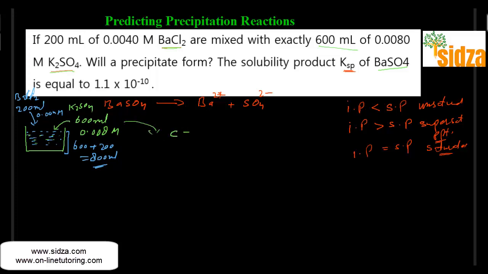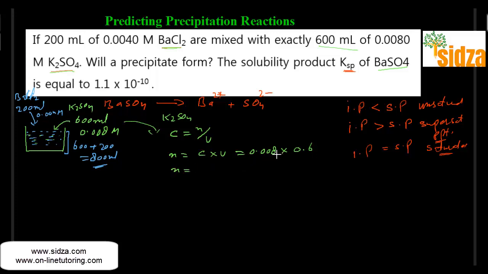We know the concentration is n by V: number of moles divided by the volume of the solution in liters, so the number of moles is equal to concentration times volume. Here we are calculating for the sulfate ion from the potassium sulfate, whose concentration is 0.008 molar, times the volume of 600 ml, which is 0.6 liters. This will be the number of moles.